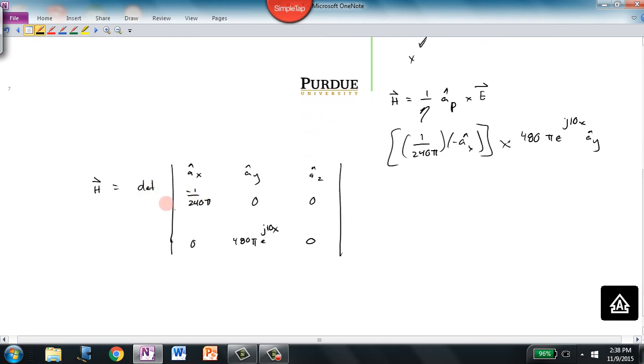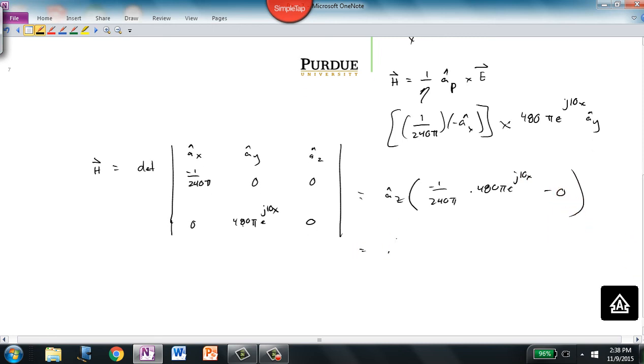And so what we see is the result is a hat x, 0 minus 0, a hat y, 0 minus 0, and a hat z, minus 1 over 240 pi times 480 pi e to the j 10x, minus 0. So that's just going to be a hat z times minus 1 over 240 pi times 480 pi e to the j 10x, all minus 0.